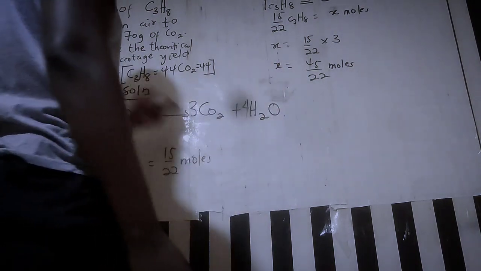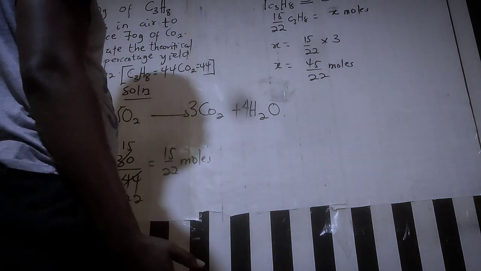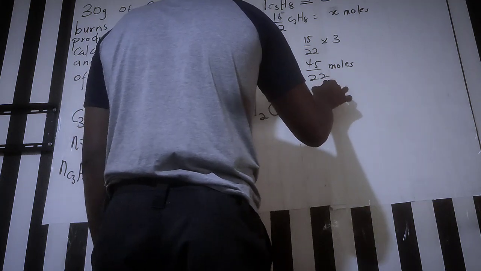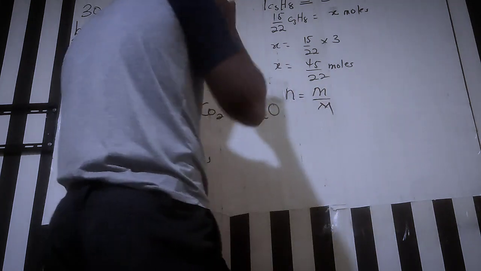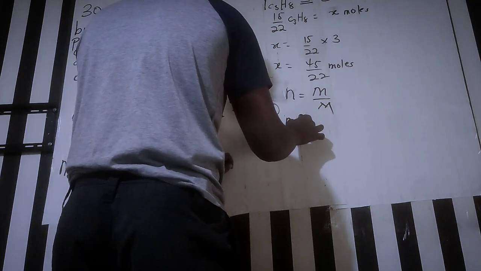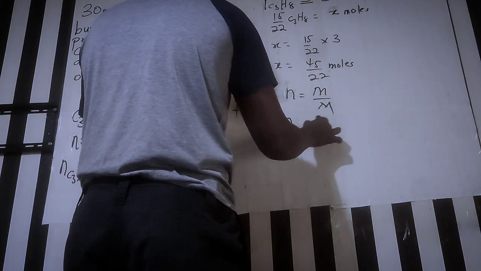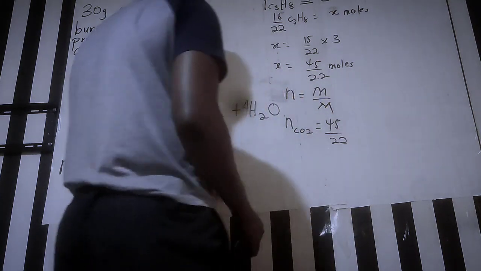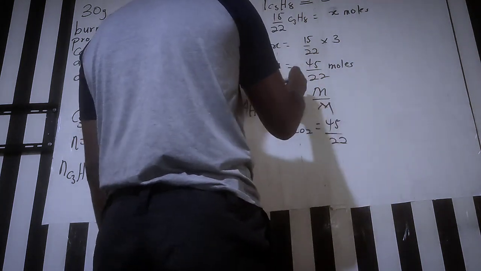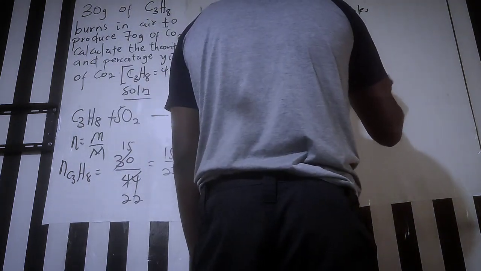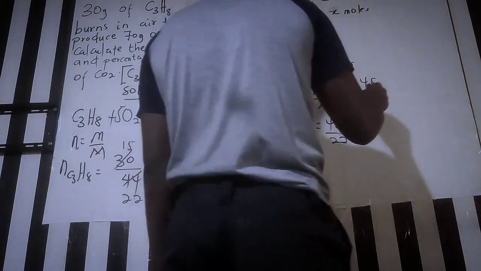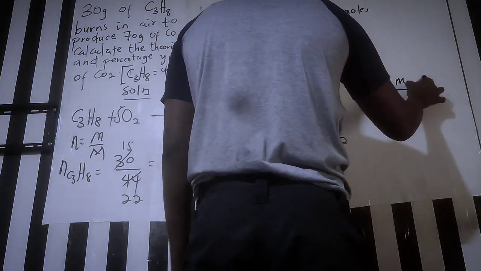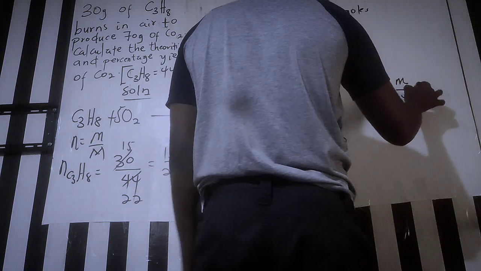Now, we have to calculate the theoretical yield first of all. In calculating the theoretical yield, you know that the number of moles is equal to mass over the molar mass. So the number of moles for CO2 is equal to 45 out of 22. Substituting this into the equation, 45 out of 22 is equal to M, which is the theoretical yield we are finding, out of the molar mass for CO2, which is 44.